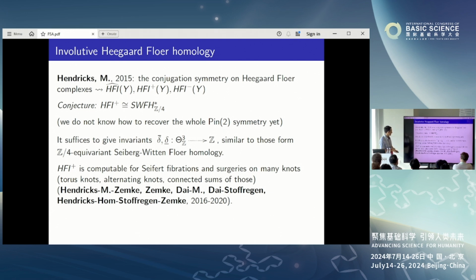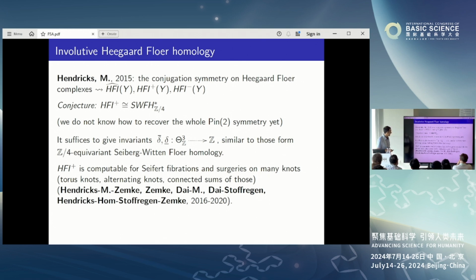We can compute it for Seifert fibrations, for surgeries on many classes of knots, like torus knots, alternating knots, and connected sums of those. So this is some joint work with Hendricks and Zemke, and also work of Zemke, and work with Dai, Stoffregen, Hendricks, Hom, Stoffregen, Zemke.